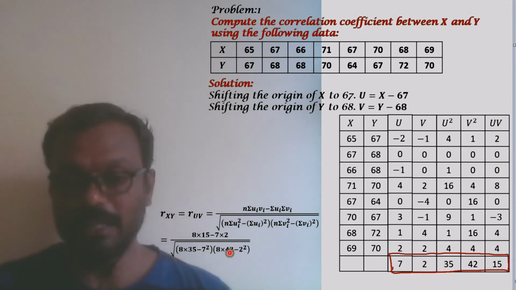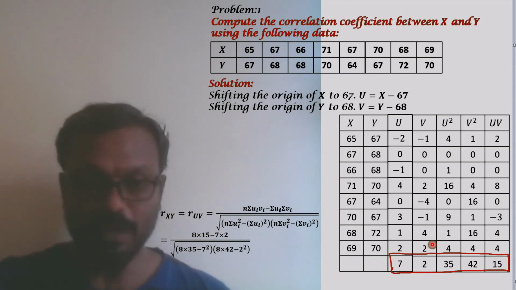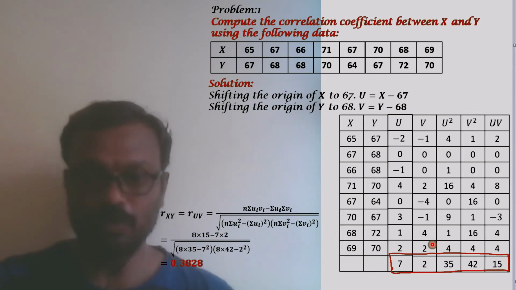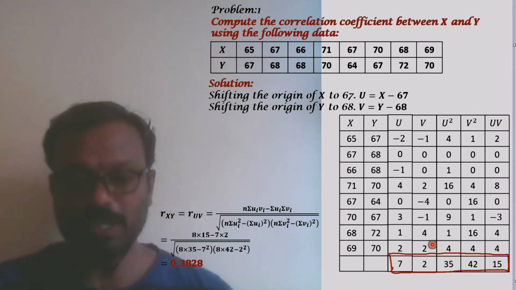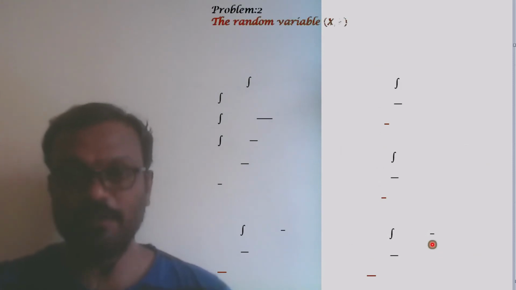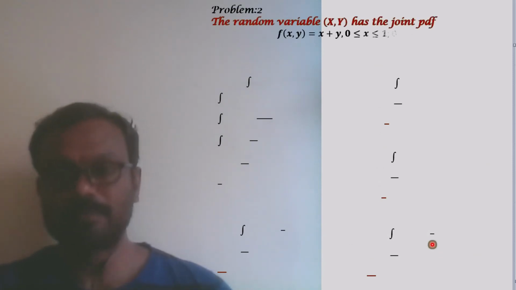And then again n is 8 into sigma v squared, it is 42, minus sigma v the whole square, that is 2 squared, and finally the answer is 0.3828.